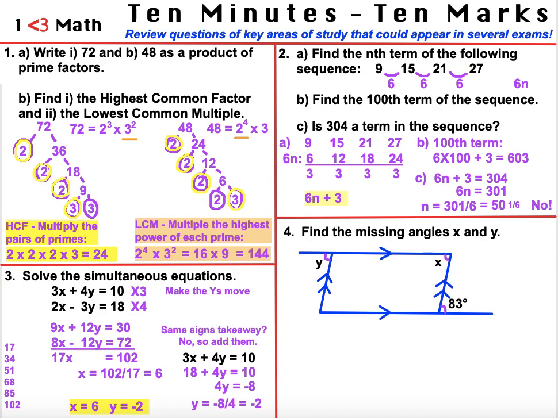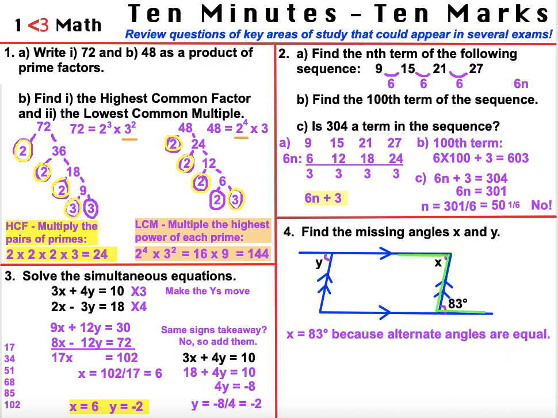Now there's two rules, and the first one is z angles, and this is going to enable us to find angle x, because we can see that we've got z angles there, and 83 degrees and x are equal because alternate angles are equal. So alternate is the key word. When you've got your z angles, alternate angles are equal. So we can identify that x equals 83 degrees.